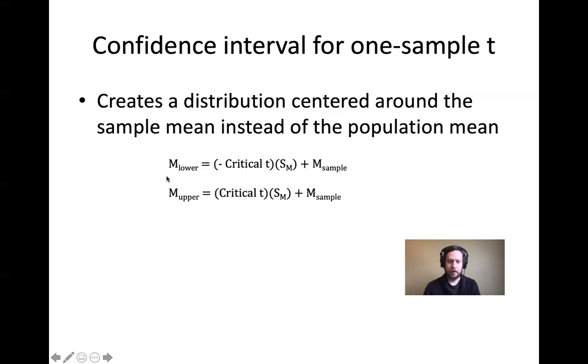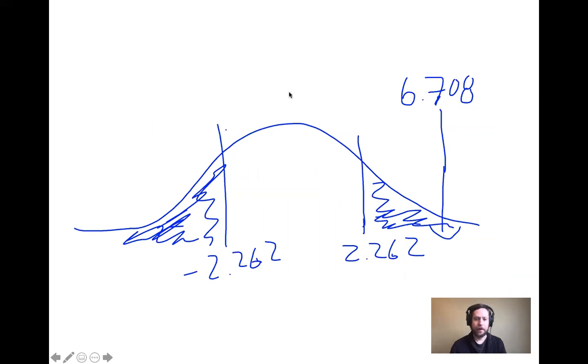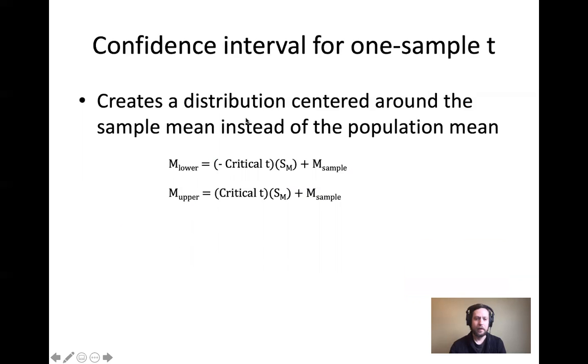When you're doing regular old hypothesis testing, like in the figure I just showed you, the center part is T equals 0, which corresponds to the population mean. The population mean is the center of the distribution. But when you're doing a confidence interval, the center of your distribution is the sample mean.